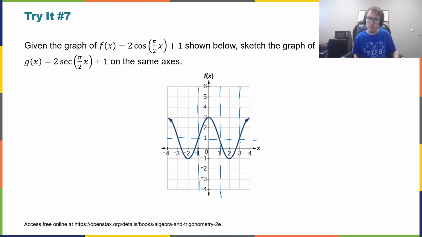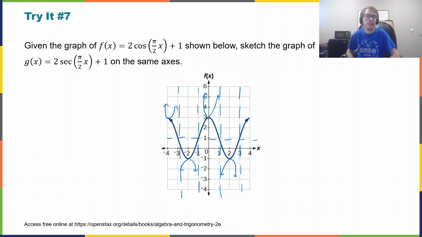So everywhere we see a midline, I'm going to draw an asymptote. Then the peaks of our cosine correspond to troughs of our secant, and troughs of cosine are peaks of our secant. So I can sketch it right on top of that, and that is the entire exercise.